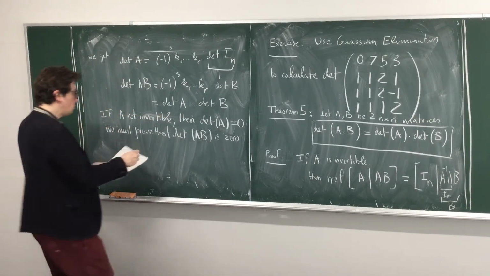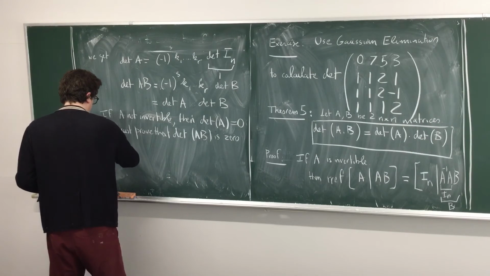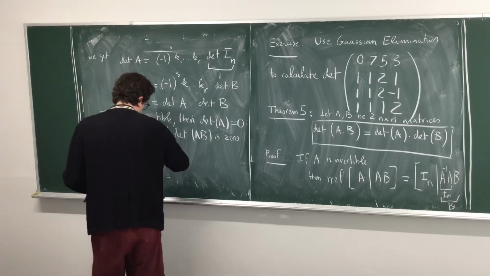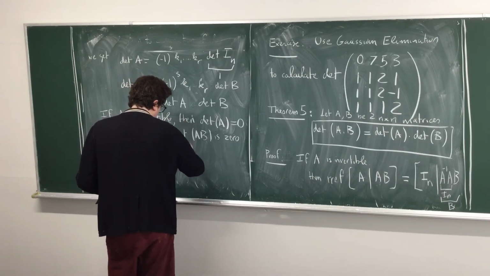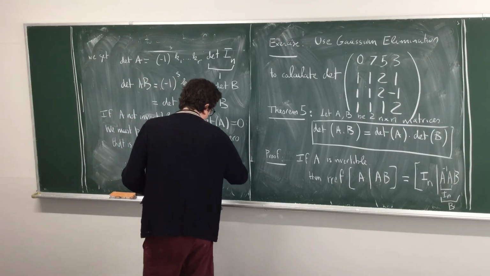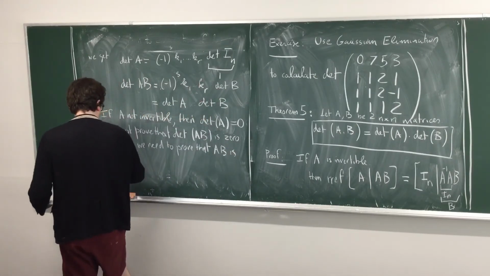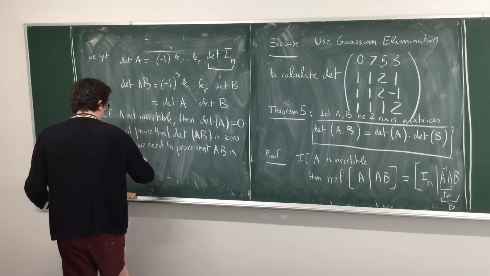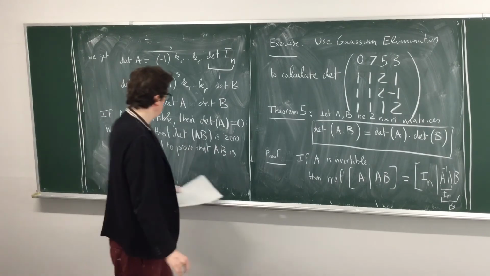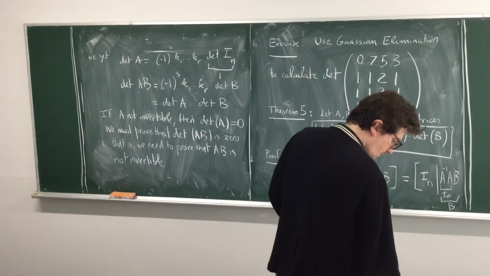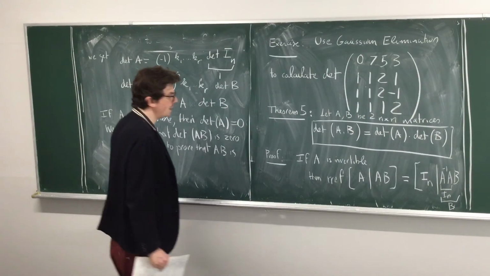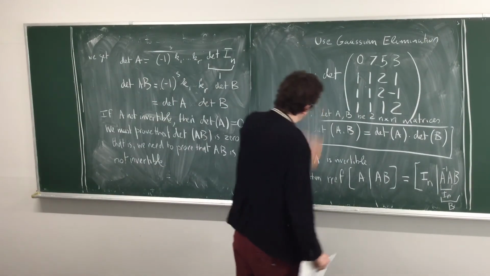Okay, so we need to prove that AB is not invertible. Now, how do we prove that matrix AB is not invertible? We will do that by a proof by contradiction.